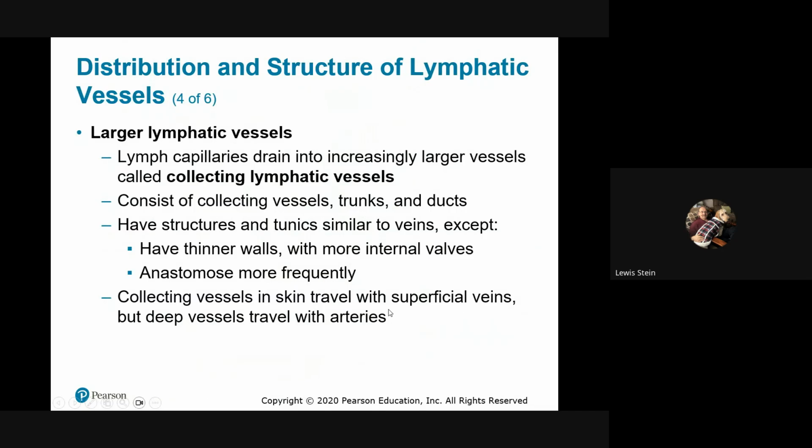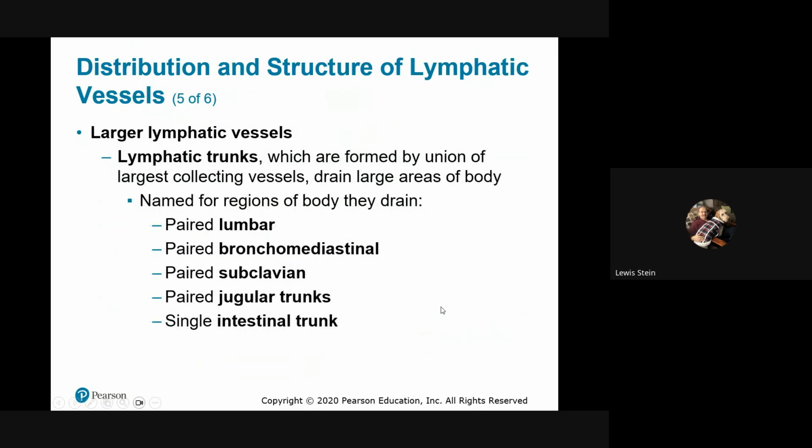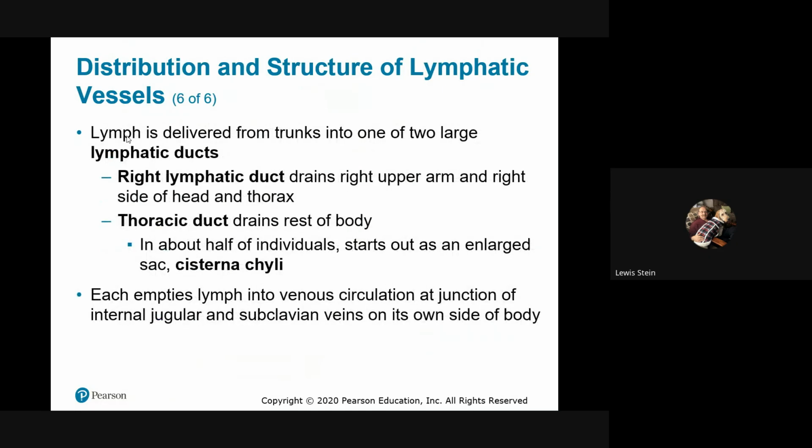It travels with deep vessels a little closer to the artery, and skin with the superficial veins that are there. And there are all these different trunks which you don't have to know. Don't care. The way we want to be able to see it is the two major collecting stations and what they service. You have the trunks going to one of two things.